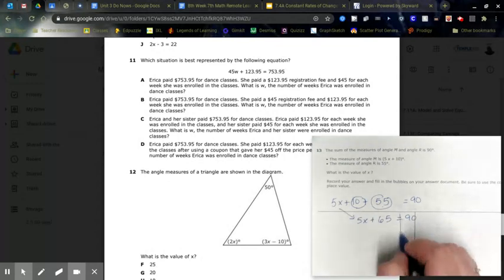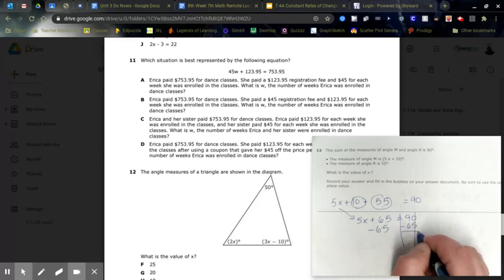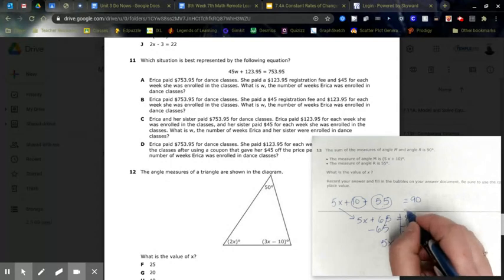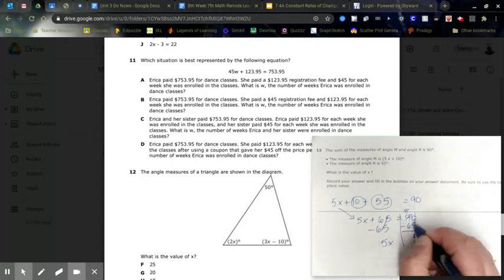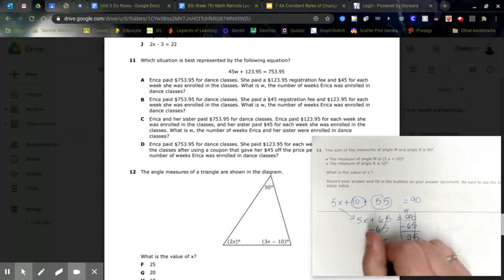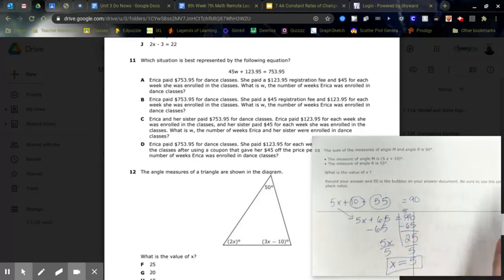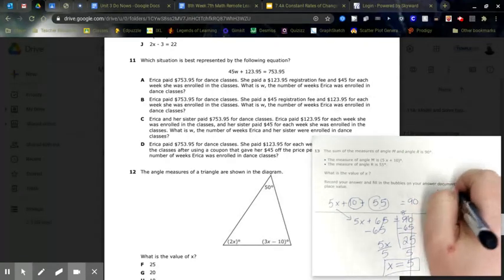Then we solve. Minus 65. 5x equals, borrowing, 10 minus 5 is 5, 8 minus 6 is 2. Then we divide by 5. So x equals 5. And that's the answer, 5.